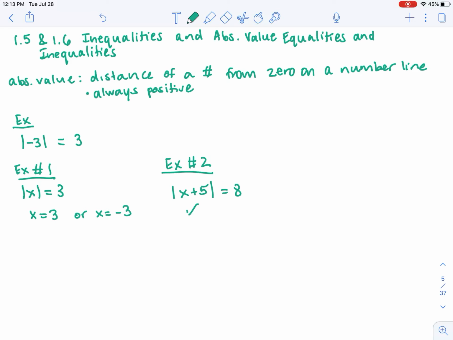So in order to solve these types of absolute value equations, we do the same thing as we did with example number 1, where we set up the absolute value being equal to a positive unit distance away of 8, and the expression that we take is inside the absolute value equation.